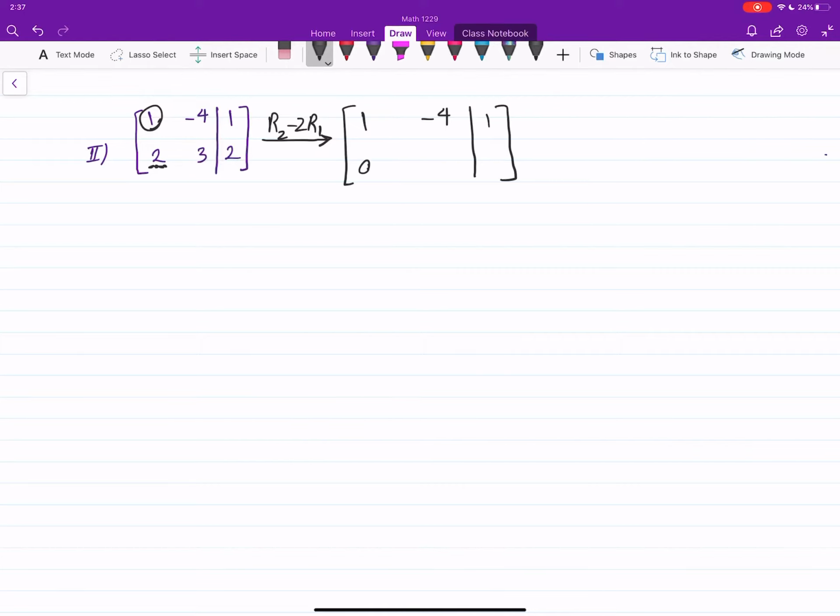Negative 2 times negative 4 is 8. Add to 3, this is 11. And negative 2 times 1 is negative 2. Add to 2, this is 0. Very nice. We are done with the first leading one.